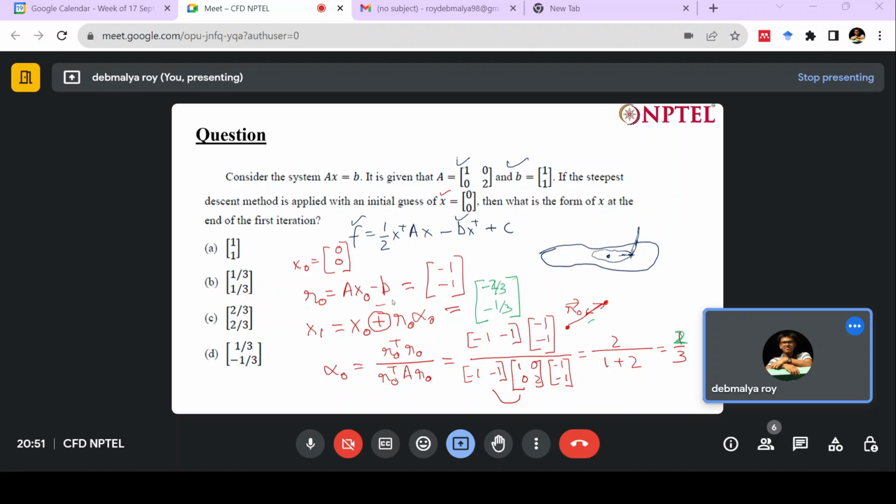That might be the problem. I think that is itself the problem. So this sign might be minus. Check it from your class notes or from any book that you are reading. This sign might be minus.